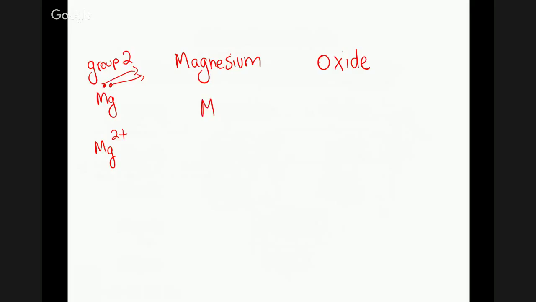So Mg has a charge of 2+. And as we've already covered, oxygen has 6 electrons, so it needs to gain 2 more to have a full shell. And when we do that, we end up with oxygen with a charge of 2-.